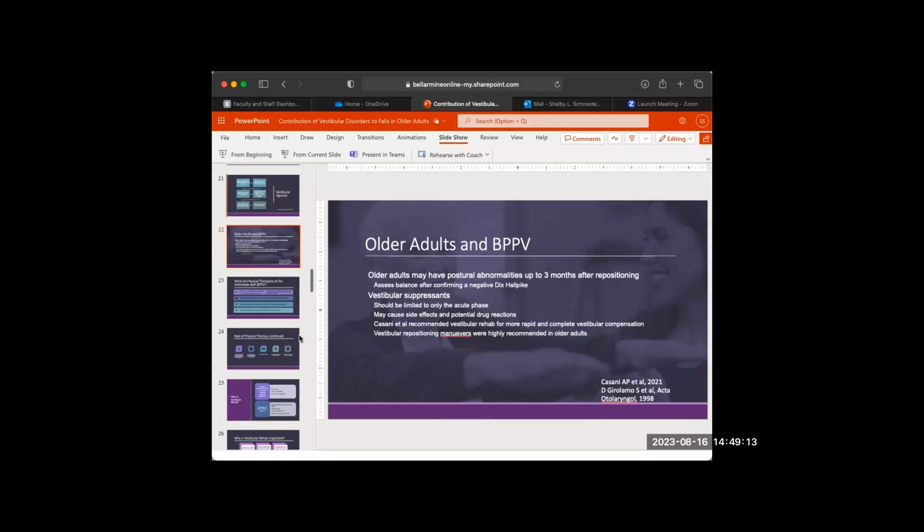Now, vestibular suppressant medication should be limited to only during the really dizzy acute phase with older adults, because it might cause side effects and drug interactions. Sometimes you'll see people on meclizine long term after a dizzy episode, taking it every day.